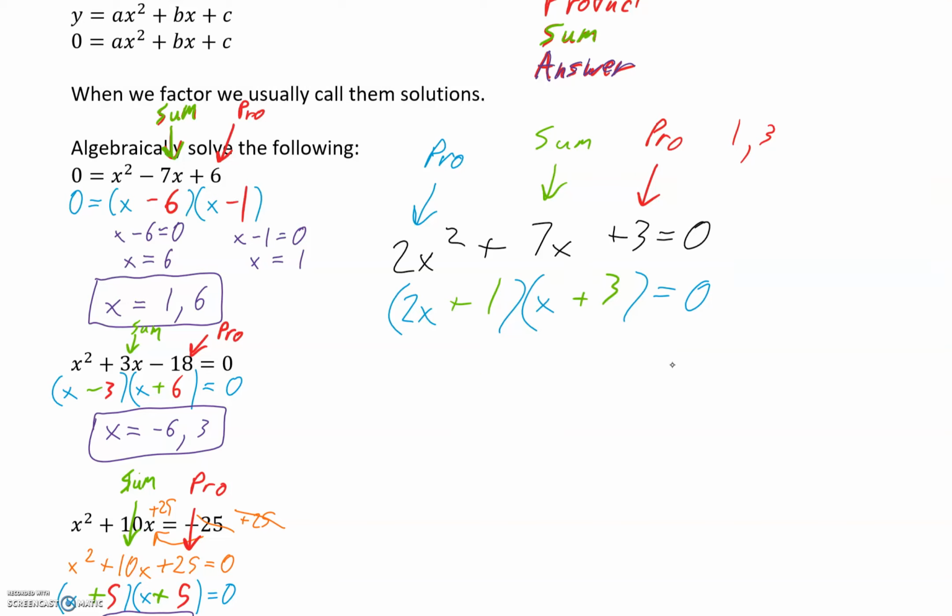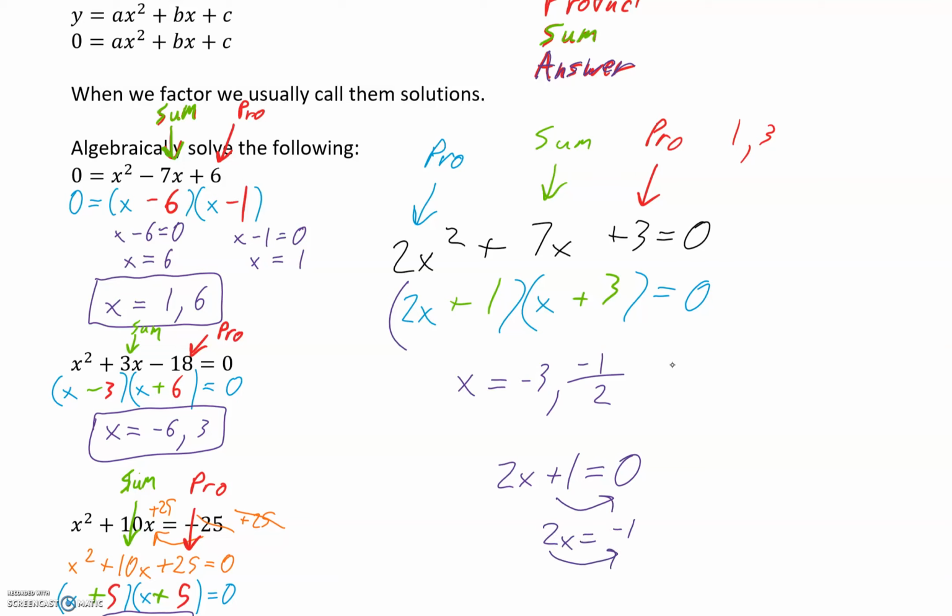So if you have something like this, the only difference for the answer part is that you're going to have -3, and then you're going to have the -1 over 2. So from here, it's -1 over 2. So what does that kind of look like? Well, 2x plus 1 equals 0. We move the 1 over, so then we have 2x equals -1.